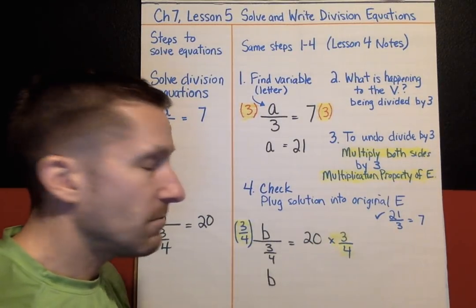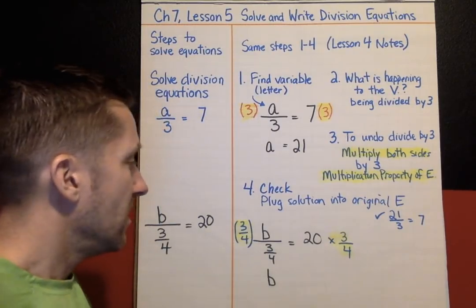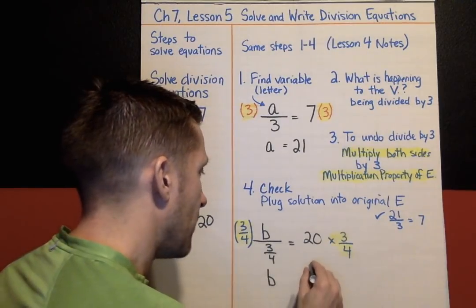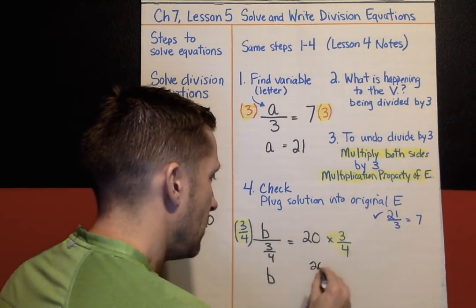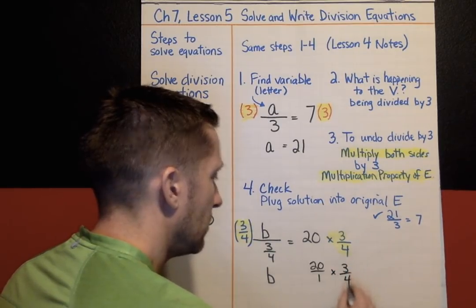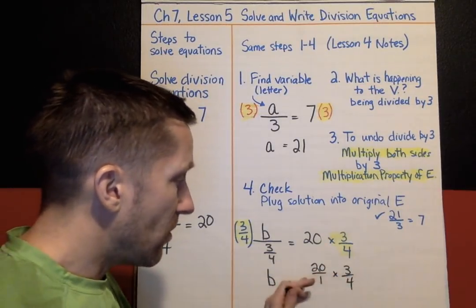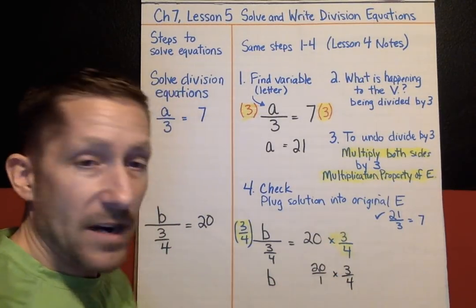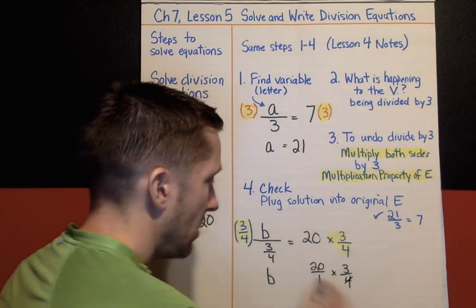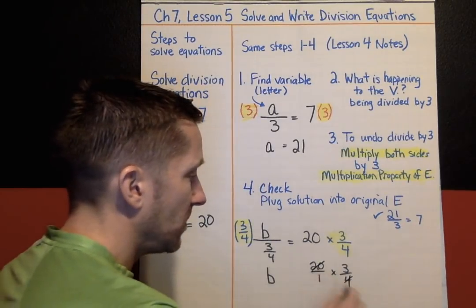Now, over here, we got to jump back to how do we multiply with whole numbers and fractions. So over here, 20 times 3/4, I got to make that a whole number. So 20 over 1 times 3/4. I could multiply numerators over multiplying denominators, but I'm going to try to simplify first, and I can. 4 and 20. 4 is a common factor of both of those.